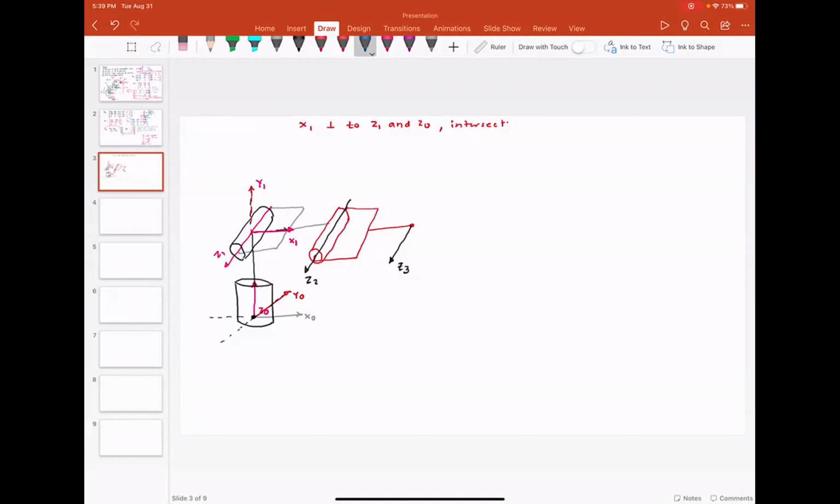But do not look at the frame, draw the kinematic diagram, and then draw your frames. How do I specify this robot? The first revolute joint is perpendicular to the second revolute joint, which is parallel to the third revolute joint. So this robot is R, perpendicular to R, parallel to R.